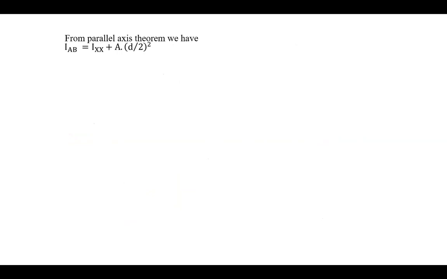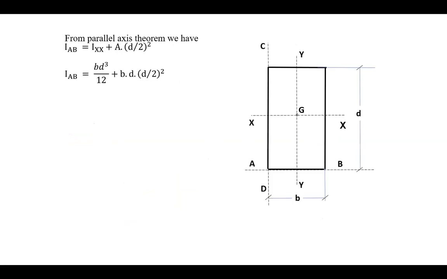So Ixx we have got. So you can just substitute the value of Ixx, bd cube by 12 plus area, which is b into d. You can see area is the total area, and then d by 2 squared. Just with further simplification, you can get this is equal to bd cube by 12 plus bd cube by 4.